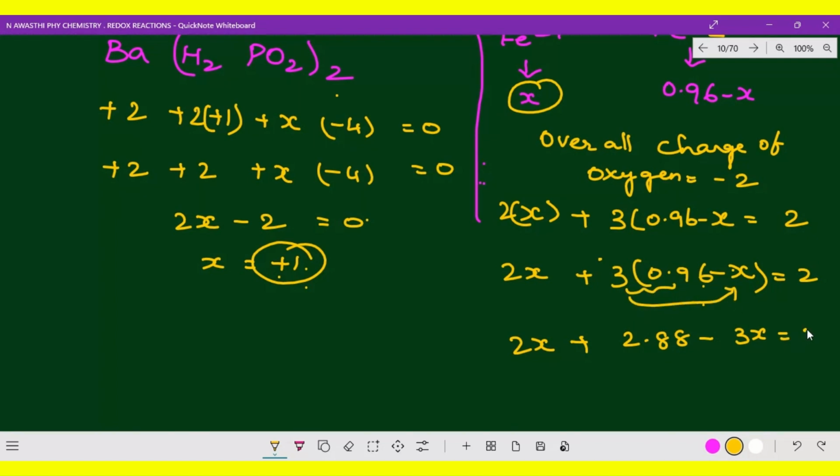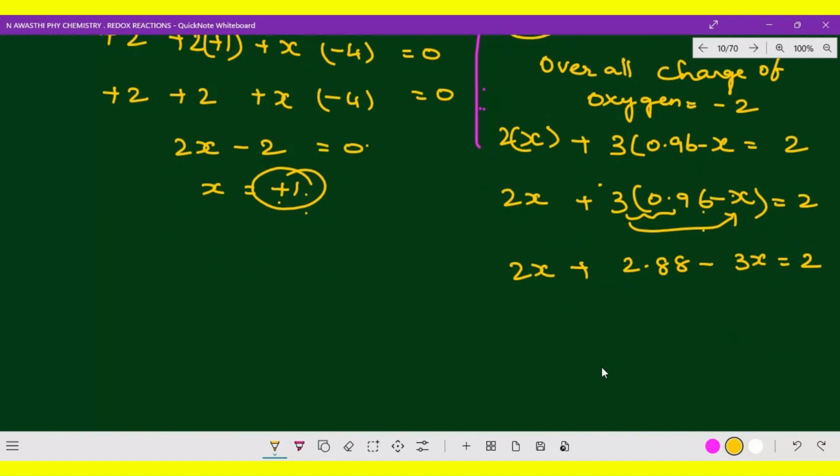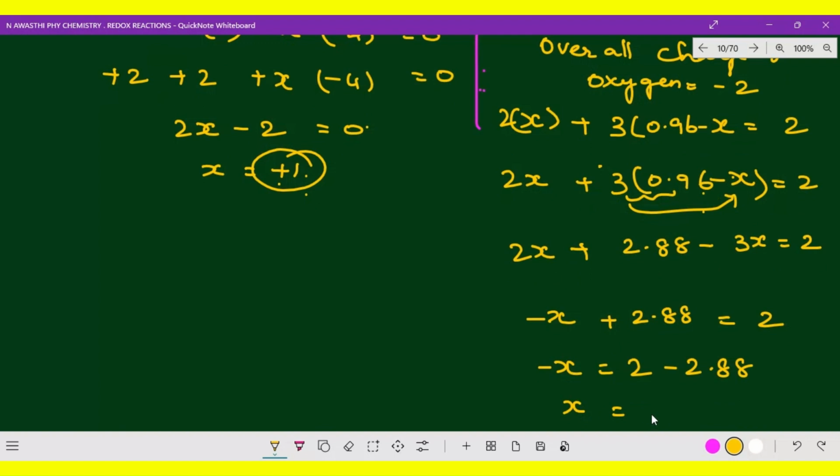So equal to 2. So here 2x and 3x, you will get minus x. So minus x plus 2.88 equal to 2. So minus x equal to 2 minus 2.88. So you will get minus x equal to minus 0.88, right?